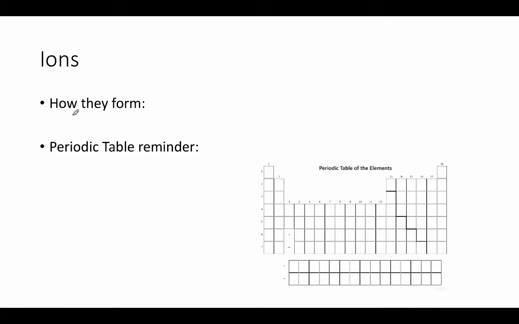They can either gain electrons or they can lose electrons. So if they lose electrons, they now have more positives than negatives, so that means they are positively charged, and they're called a cation. And metals do this.